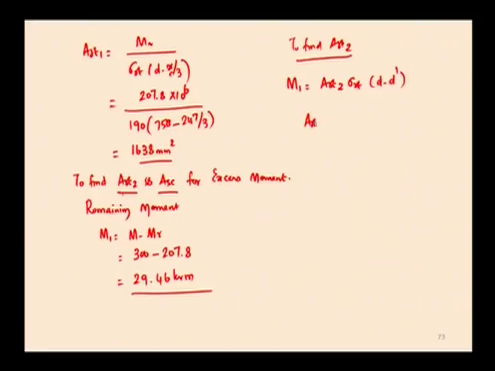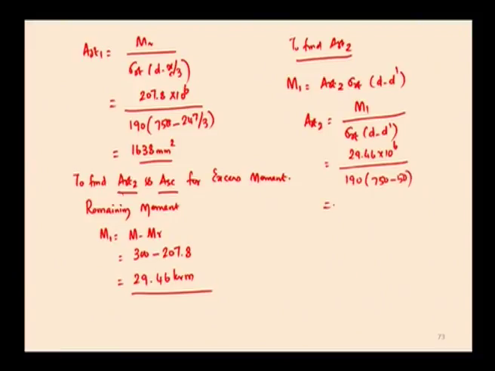So AST2 is equal to M1 divided by sigma ST into (D minus D dash), which is equal to 29.46 into 10 to the power 6 divided by sigma ST is 190, D is 750 minus D dash is 50, which is equal to, that is AST2 is 421 millimeter square.